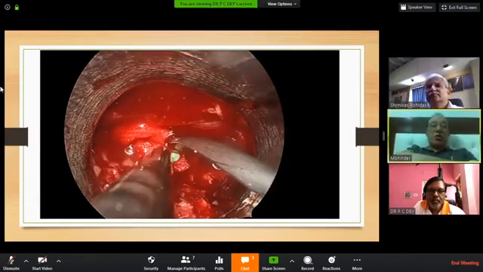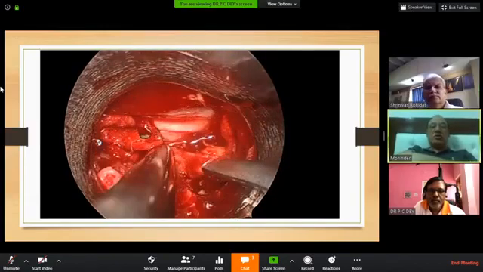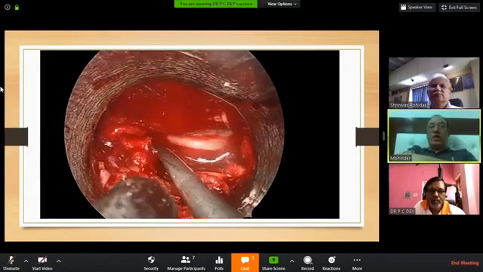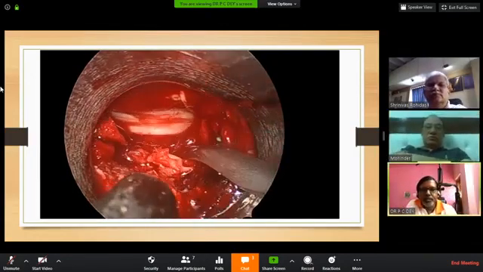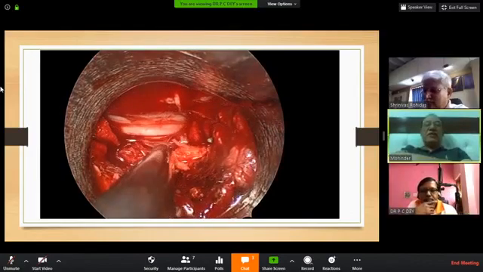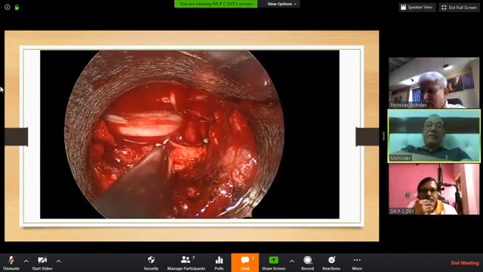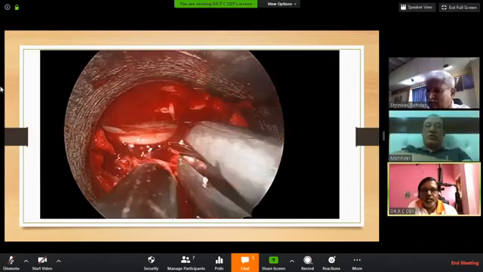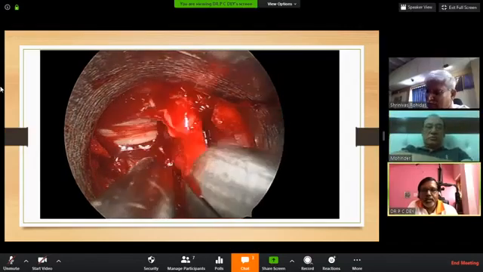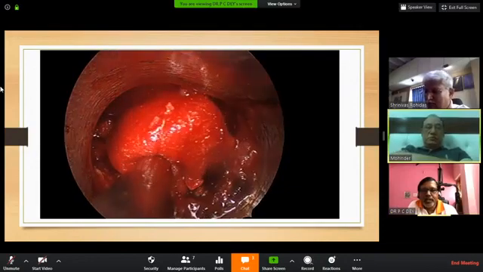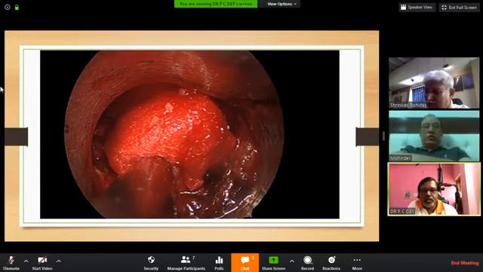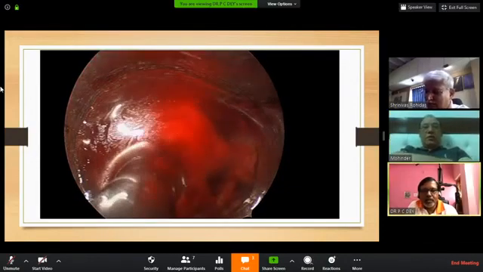As one step you are already demonstrating, you're using patties to control the bleeding. But this patient is an army person and he's hardly 35 or 40, so he must have taken a lot of analgesics. He was suffering from a gastro problem for 8 days and was admitted in our hospital, totally not on analgesics.